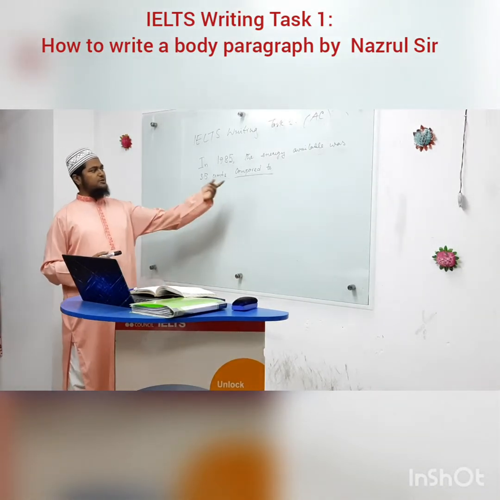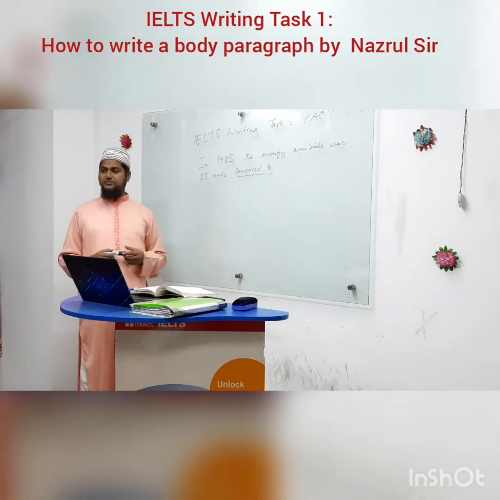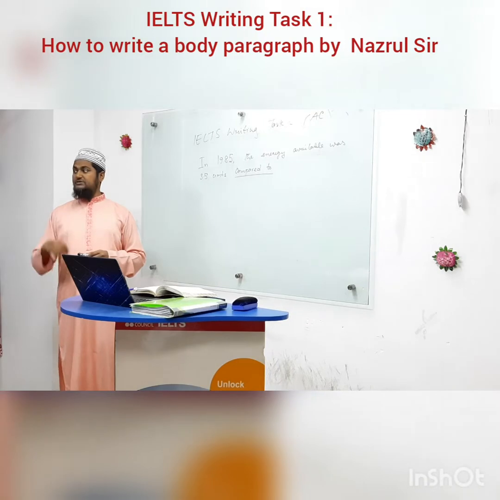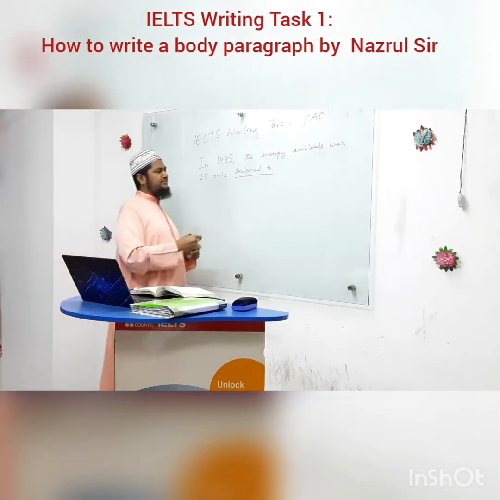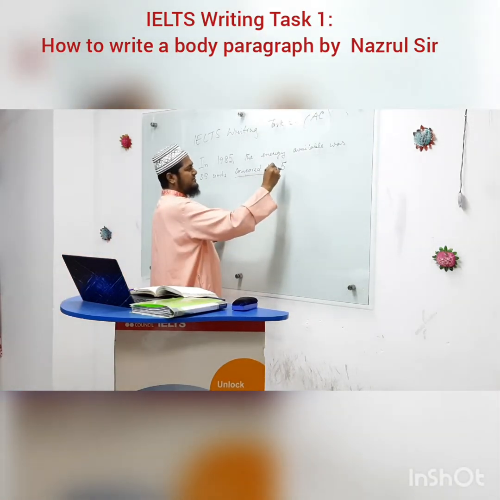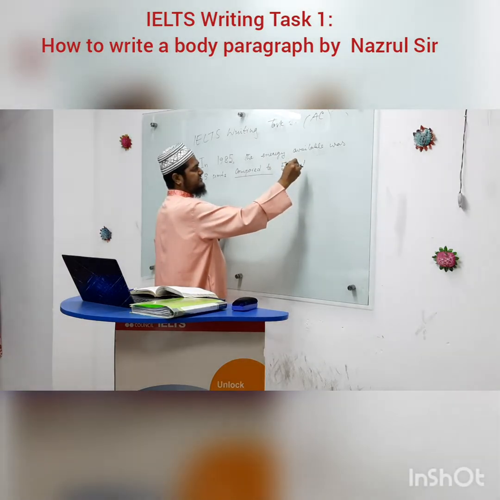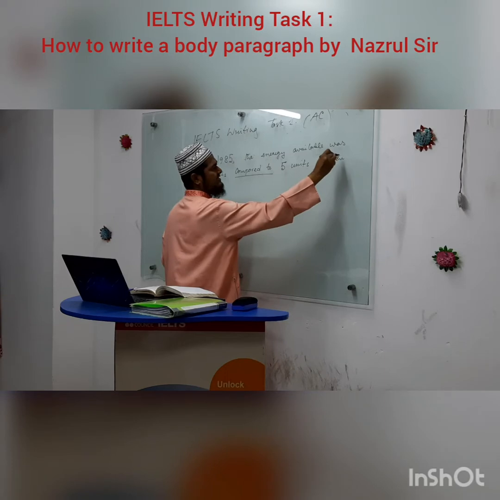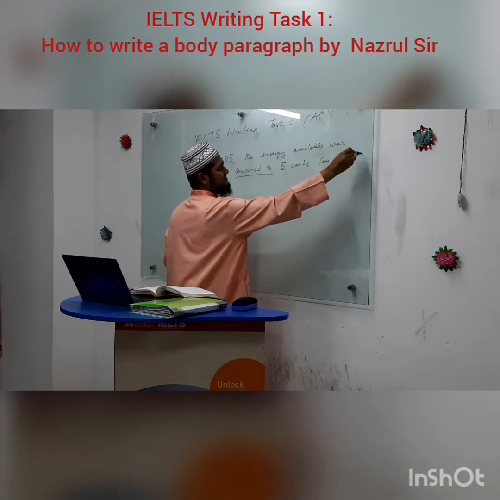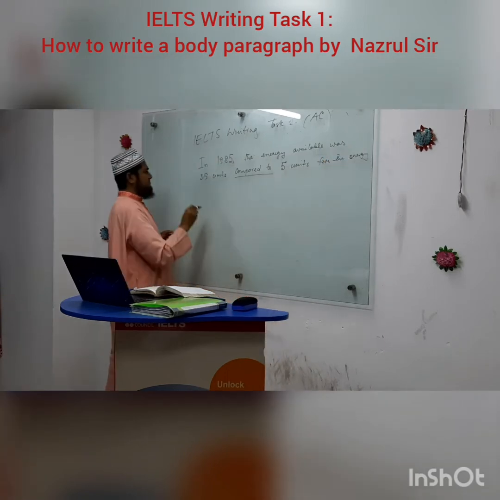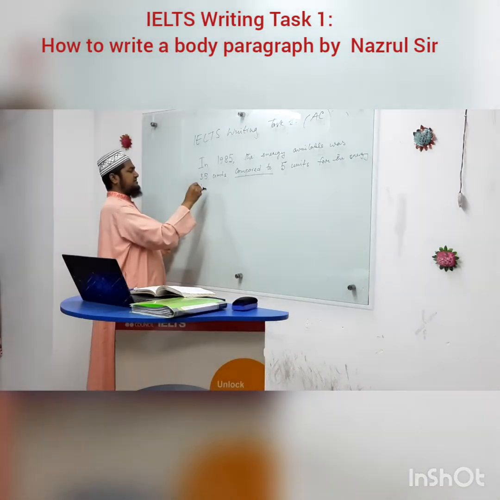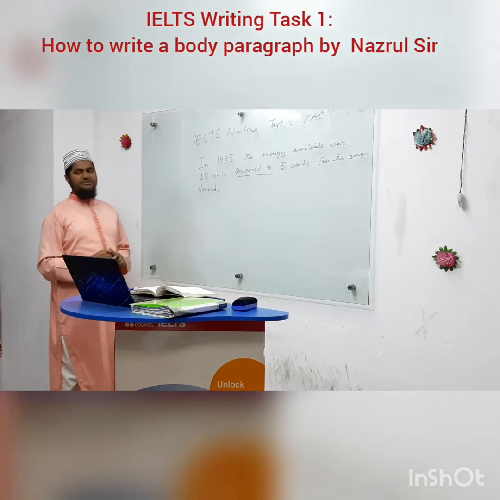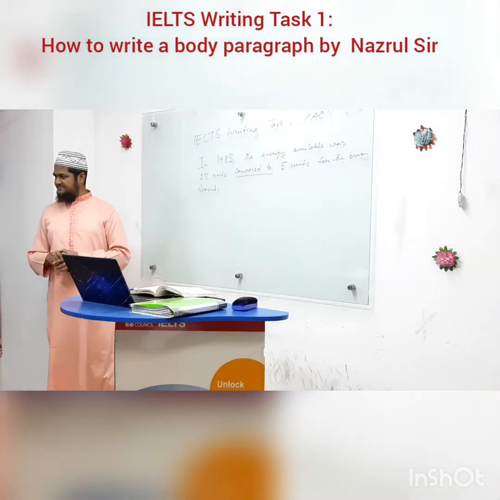And right after compared to, you must write the value for the next one. Compared to 5 units for the energy demand. Am I clear? So we have written the beginning statements.